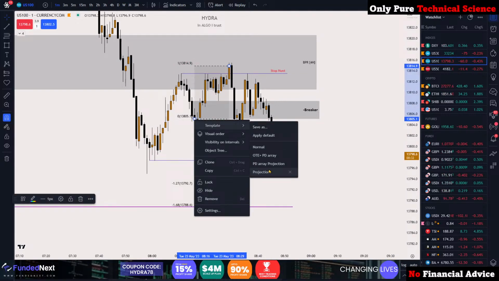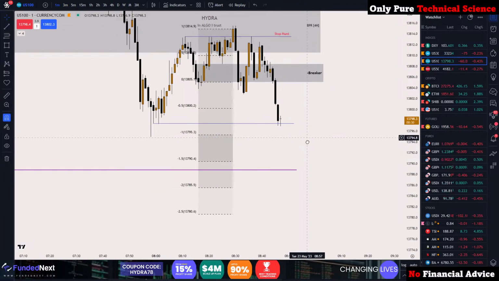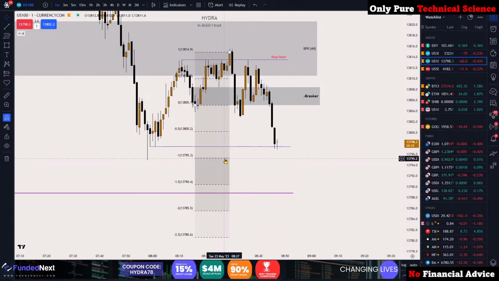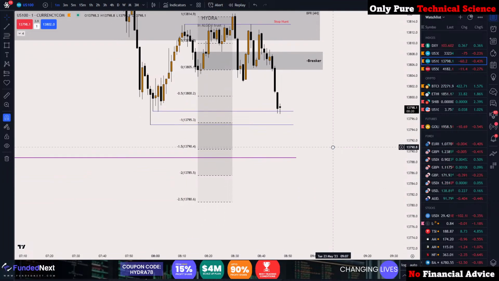Sorry, not this one. Yeah, this one. And you can see that our -1 standard deviation comes in here below this low. So I'm expecting to see a run below here. And if price is still delivering towards the sell side, which I'm expecting to see, we can expect to see price delivering -2 standard deviation here.